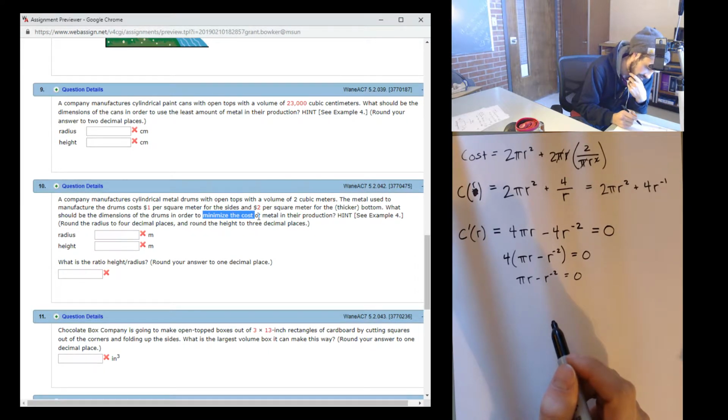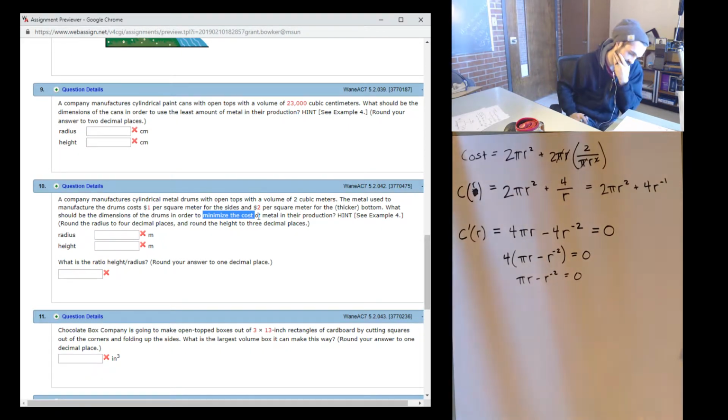So I need to solve for the value of r that makes this true. Let's see, we can factor out r. If r is 0, we would get a solution, but having a radius of a paint can be 0 doesn't make much sense.